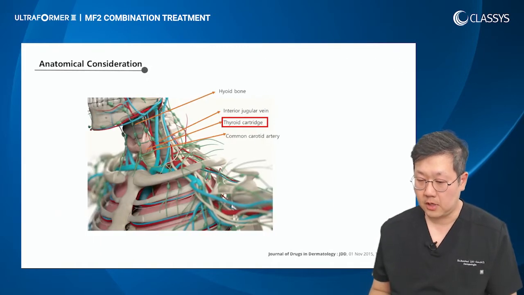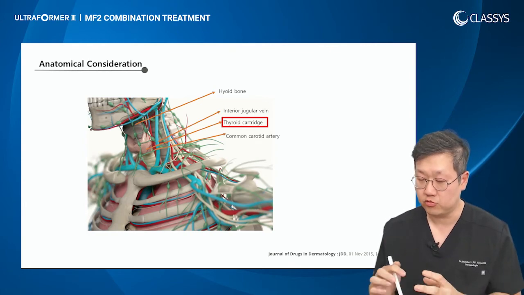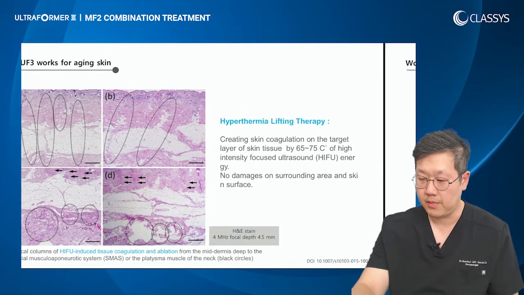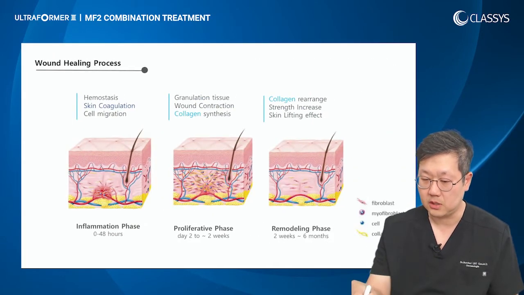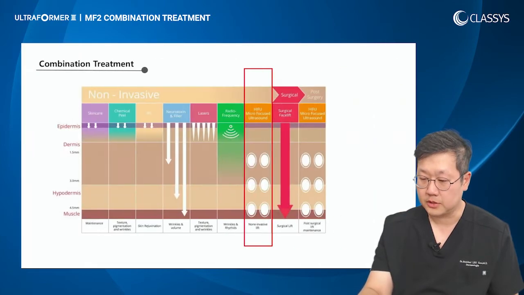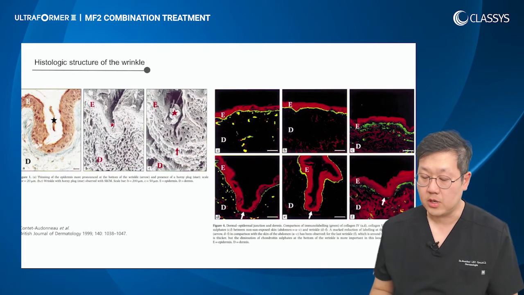Firstly, we have to consider the anatomy. The deeper parts, the cartilage, the vein and the bone, usually drop down accordingly, but that does not affect the appearance too much. But if changes happen in the deeper part of the skin, we can see these wrinkle structures.